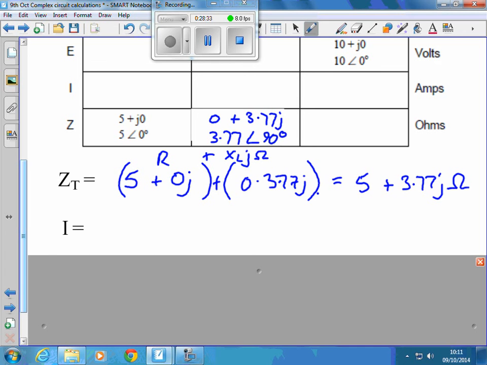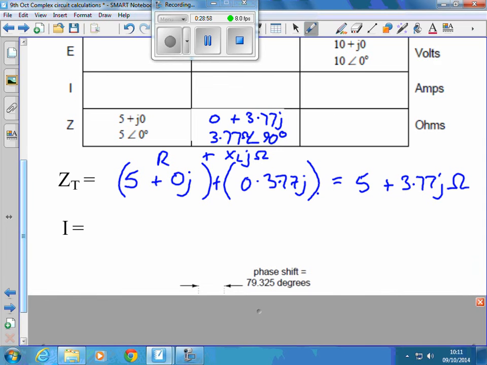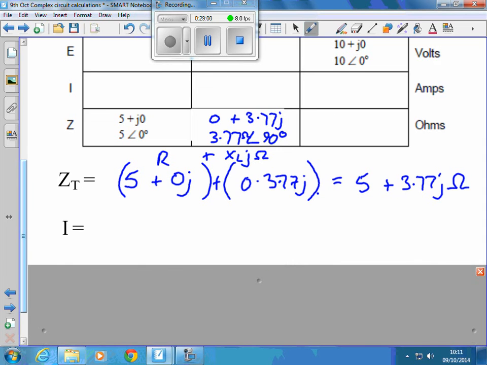Earlier when Mark was working, you just talked about numbers. Now we're talking about electrical quantities. They must have units. So in the rectangular form, the units go on the end. In the polar form, the units go in there. Yeah. Okay. So that's what the total impedance is in that circuit.